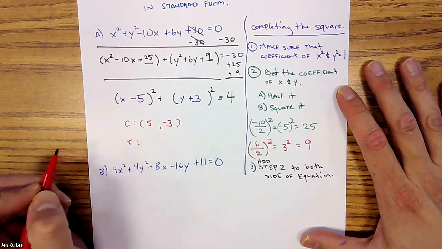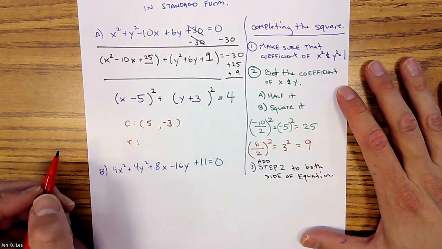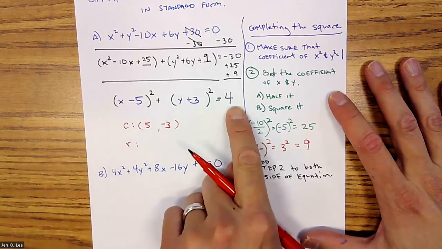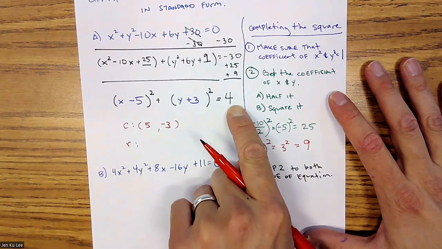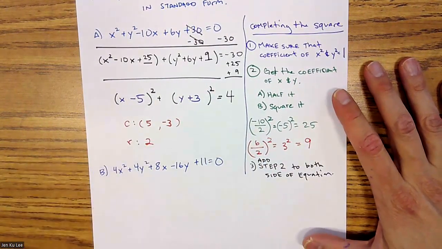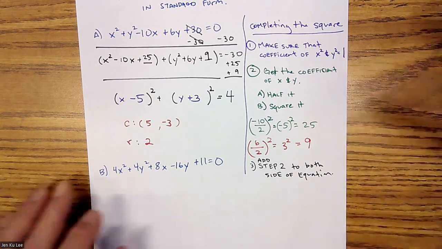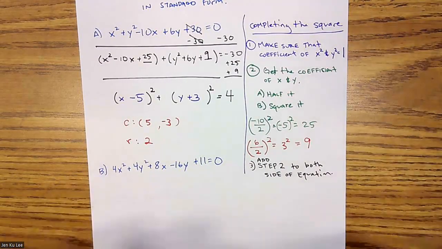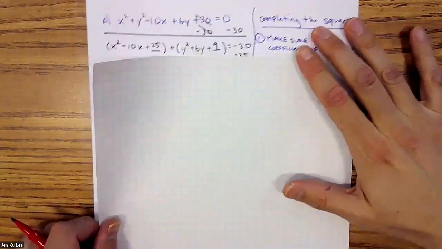What is my r? 2. Because this is r squared, 4 equals r squared. So r is just 2. All right. Questions on that? No? But we have to graph it as well. And graphing is simple. Super simple.